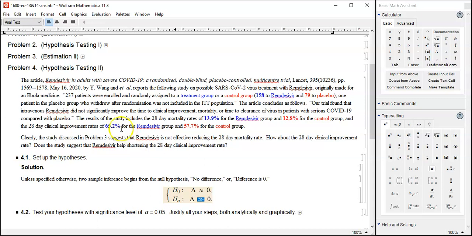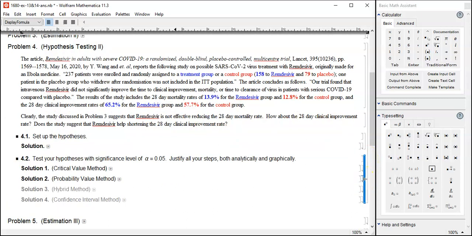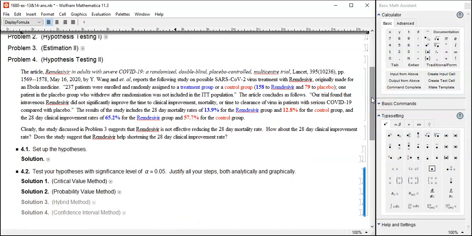Another way, the difference you calculated was 0.075, and that's positive, so that's another indication that you'll have to take greater than 0. All right, so much for hypothesis setup. Next, the testing, and we have 4 different methods. Here, I'm going to explain 2 of those methods. Critical value method number 1 and probability value method number 2, but I'll do those in separate videos, not here.